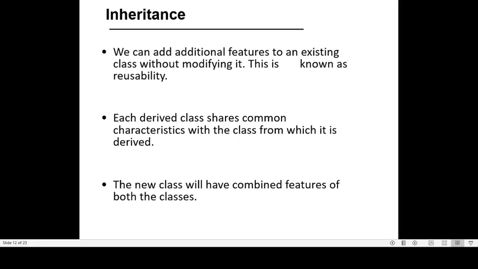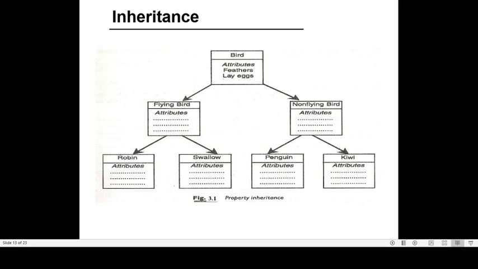That means Y is derived with the help of X. Features of X exist in Y also. You see this figure of inheritance. Bird is there. There are flying birds and non-flying birds: robin, swallow, penguin, kiwi. Like this, we can derive the classes in inheritance.